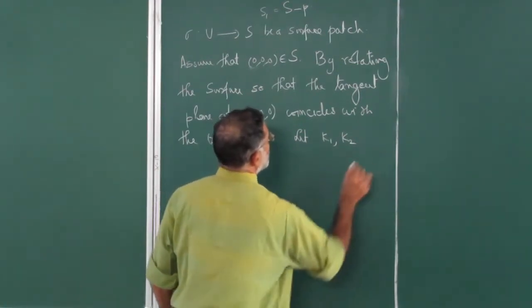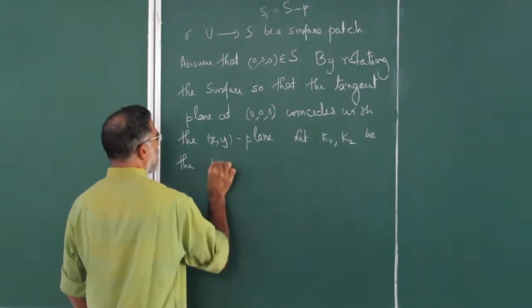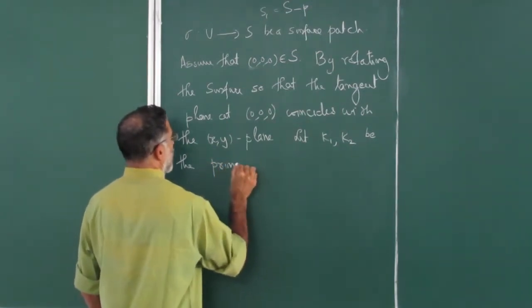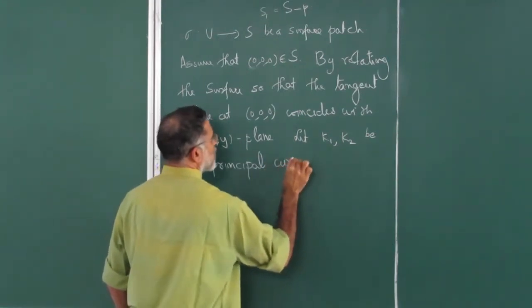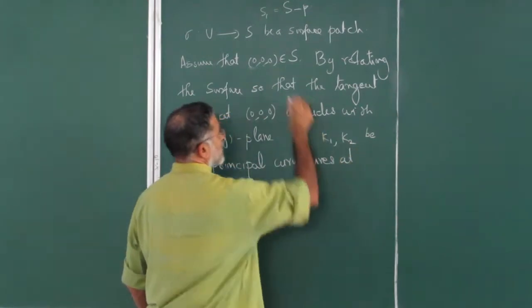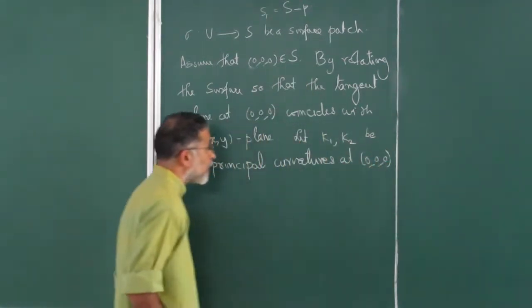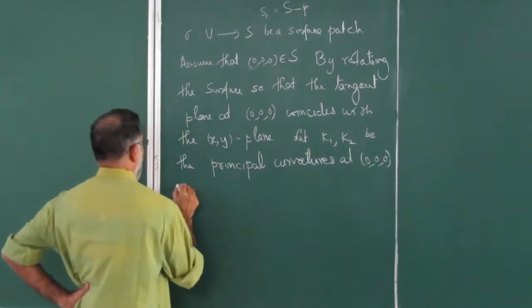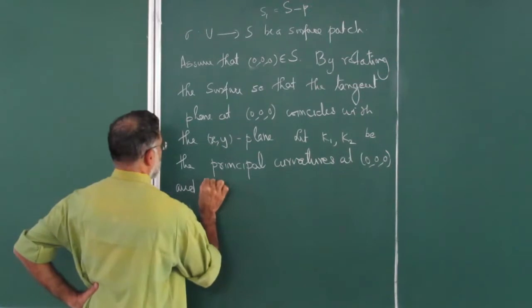Let kappa 1, kappa 2 be the principal curvatures at this point, which we have now translated to 0 0, and T1, T2.